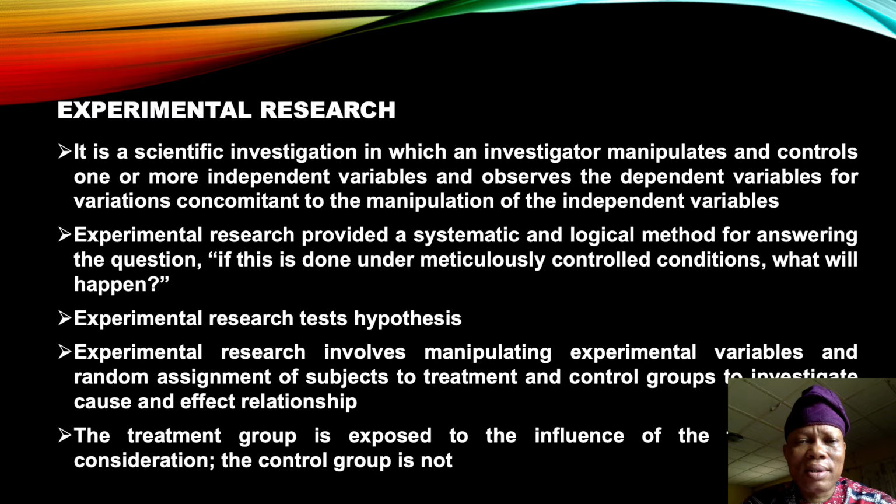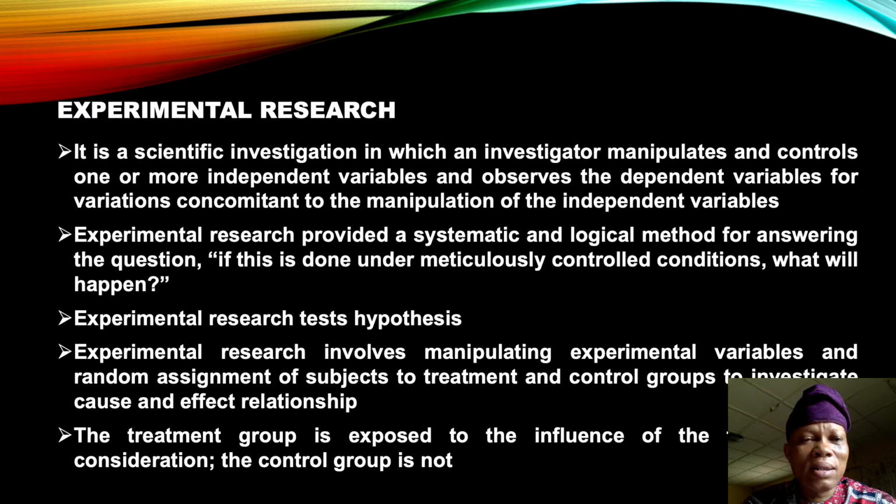Now, for instance, you want to know the effects of laboratory method on student academic achievement. In this case, you have to compare the laboratory method with the existing conventional lecture method.